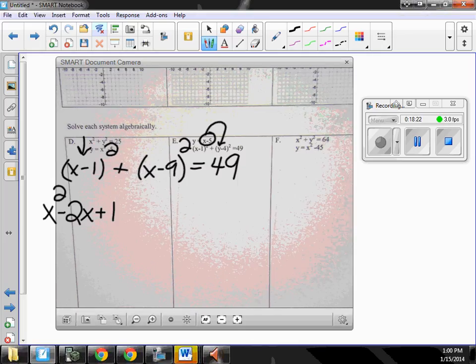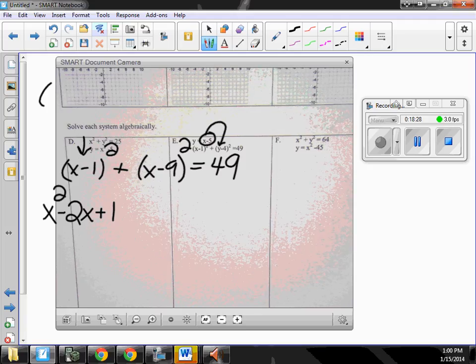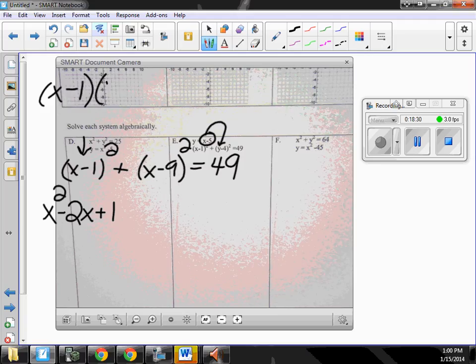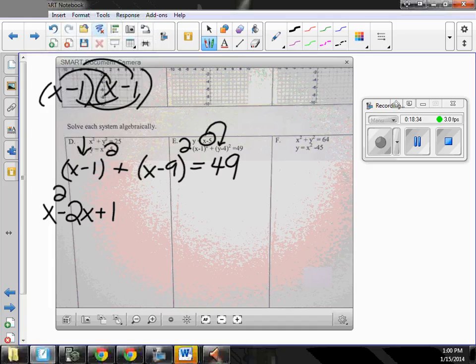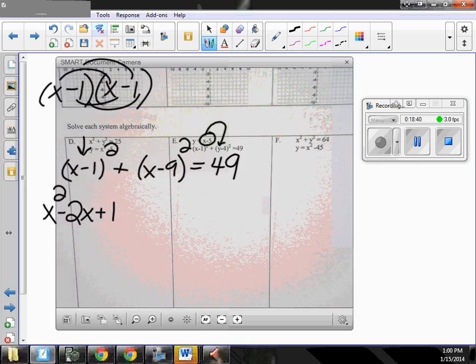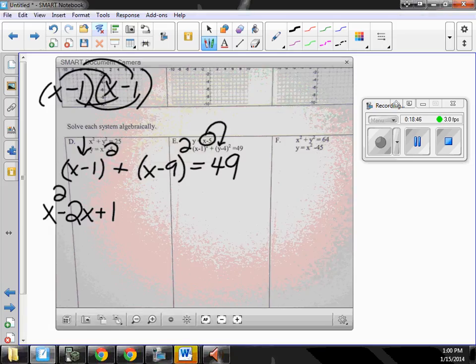Hopefully we're good enough at that that we don't have to do it the long way. If you don't understand that, just do this. Because the two factors are exactly the same, it will always be first one squared, first times second times 2, and then second one squared. So x squared, and then you take the 2 together and double them, and then the last one squared.